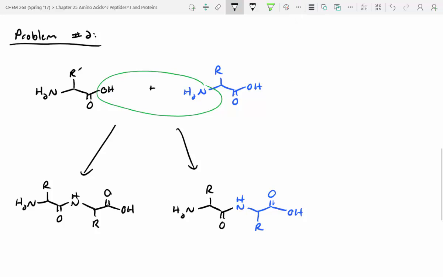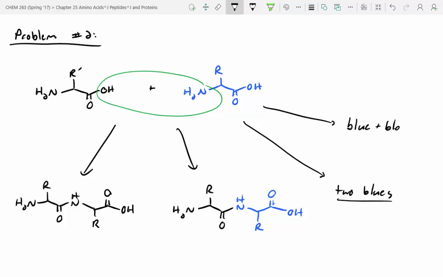However, you'd end up with one that was also two blues. And then you'd end up with one that would be blue plus black, right? So really, you'd try to mix this together, you get 4 different products out of it.